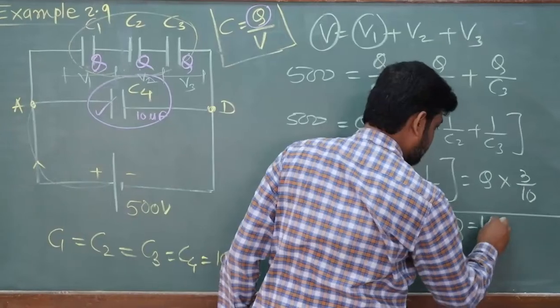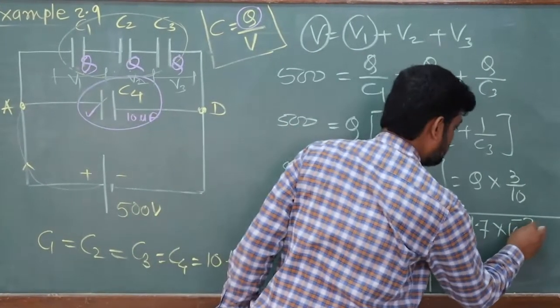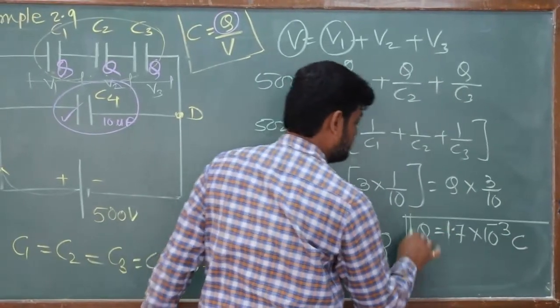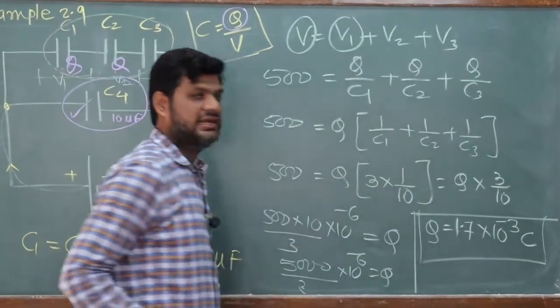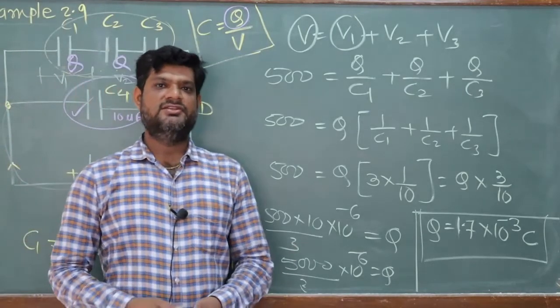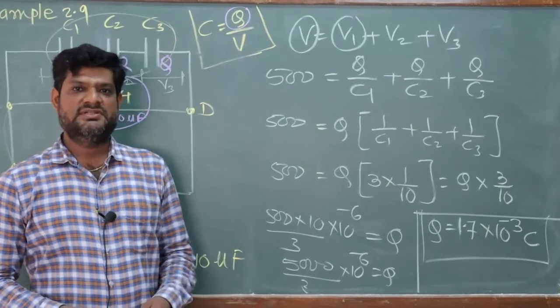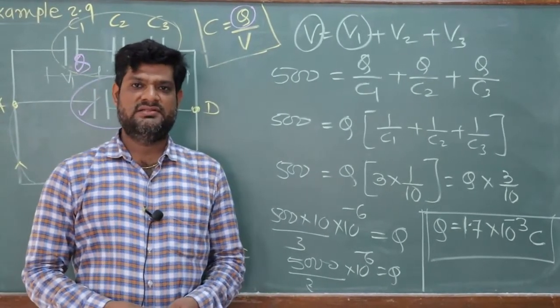So 1.7 times 10 to the power minus 3 coulomb are the charges on the first, second and third capacitor. In this way we completed this numerical. In the next video we will see the next numericals. Thank you.